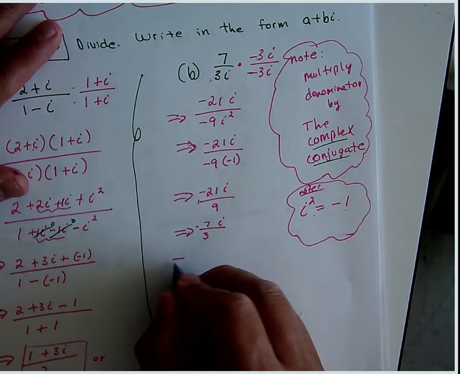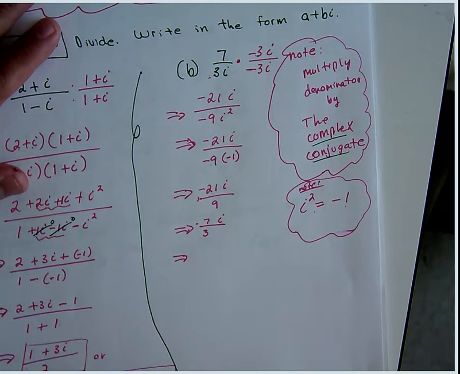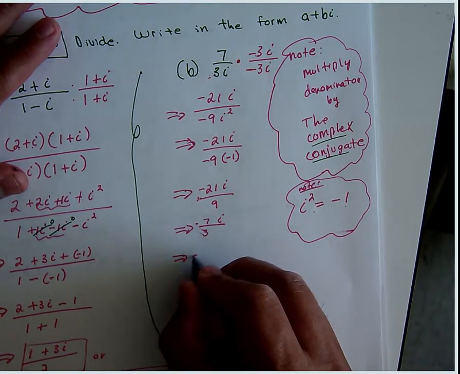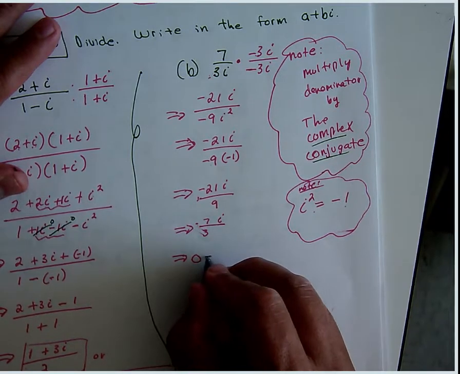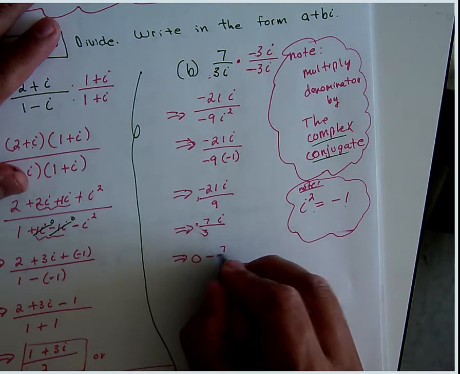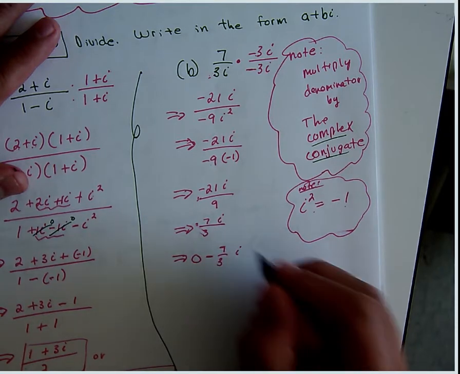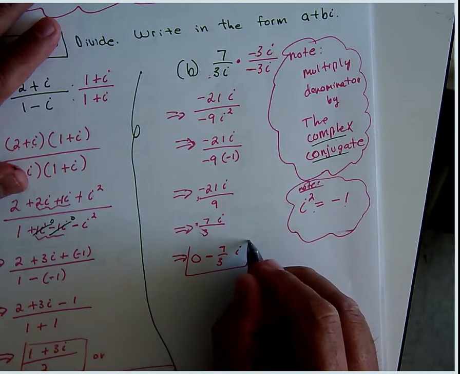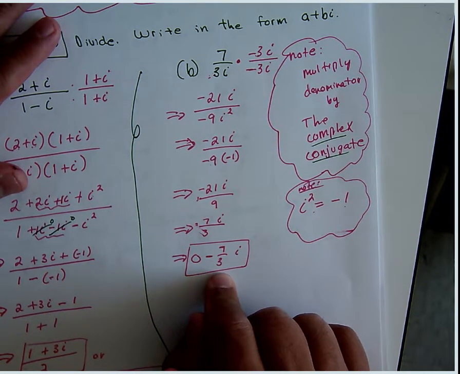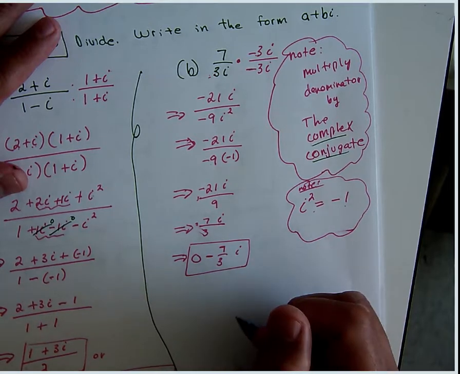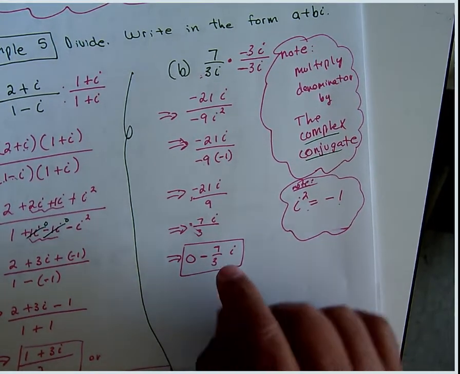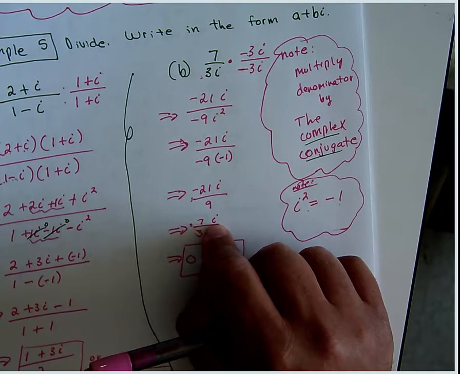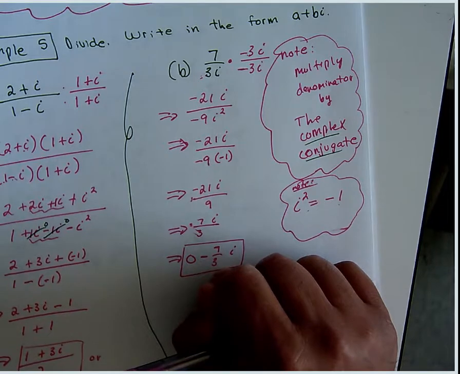Now if you want to make it look like that, we don't have that constant, the number, so you're going to put 0 and then minus, because it's negative 7/3, and then the i here on the side, make it all fancy. That would be the final answer. That would be the complex form. I mean, if you got close to this, that would be great, but that would be the final.